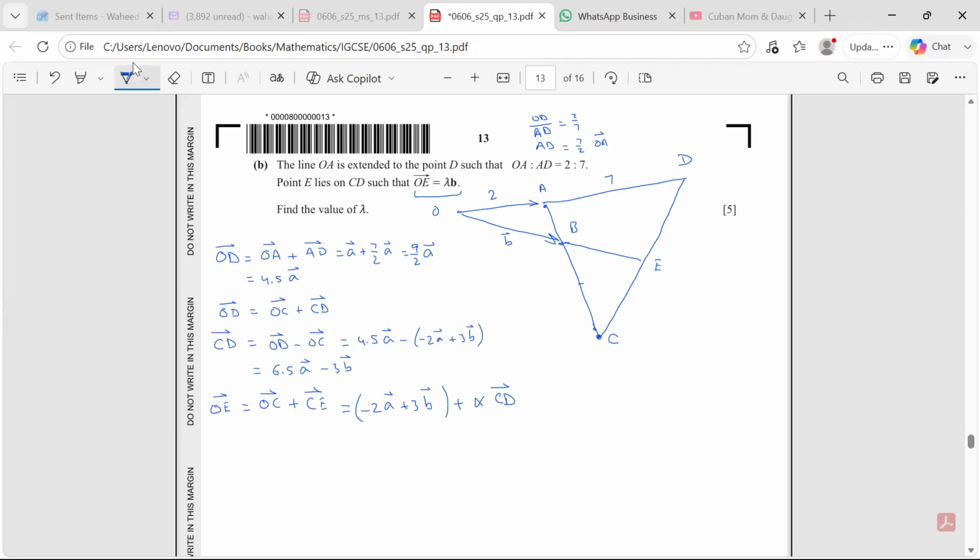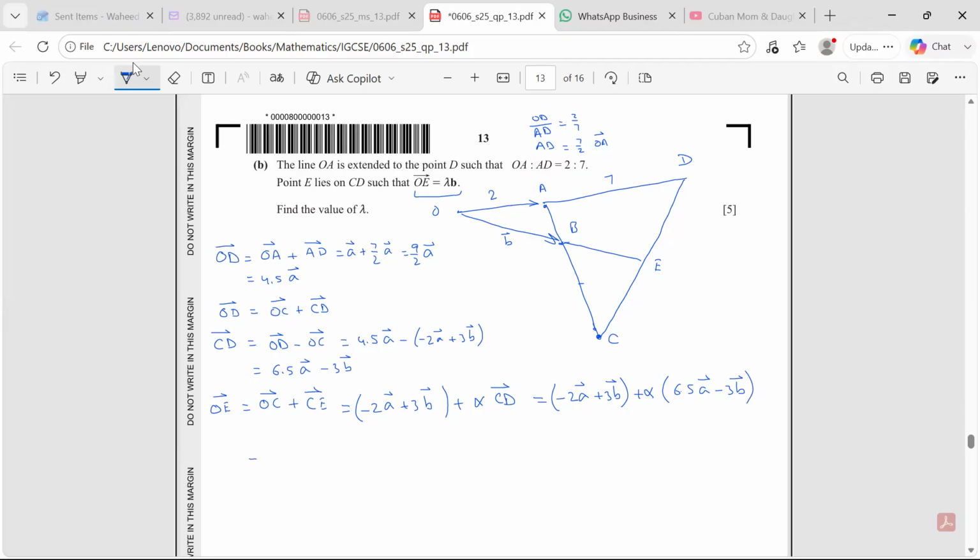So this will make our OE vector equal to OC, which is minus 2A plus 3B, plus alpha times CD, and that CD is 6.5A minus 3B.